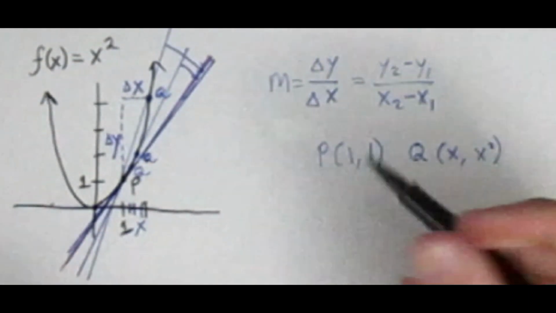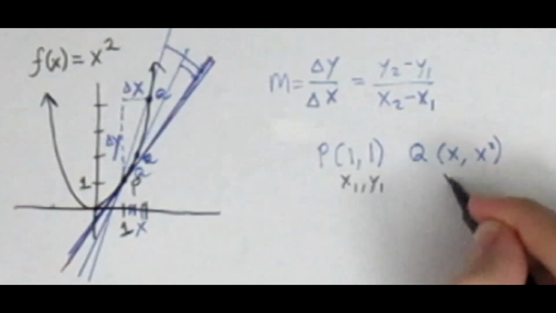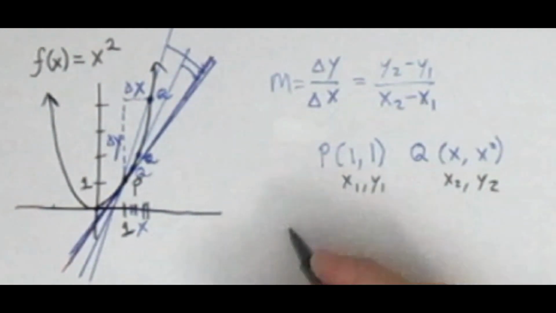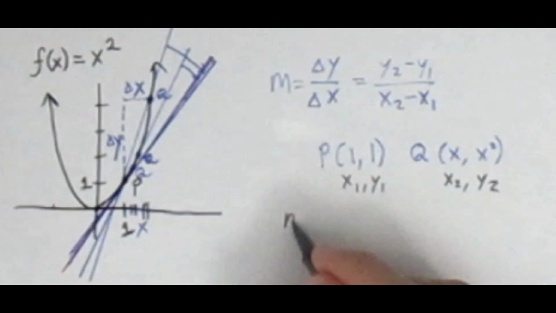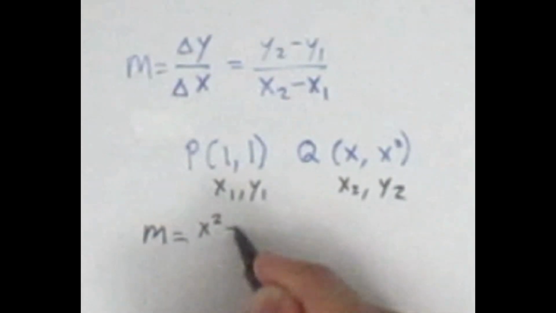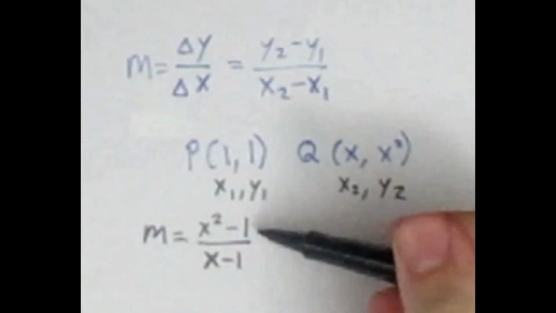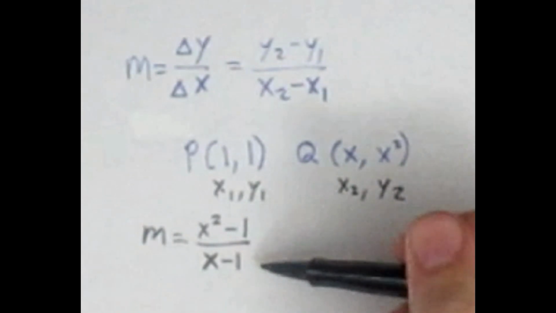Now we have 2 points, x1, y1, and x2, y2. So therefore, the general formula for our slope is going to be x squared minus 1 over x minus 1, our rise over our run, or our delta y over delta x.